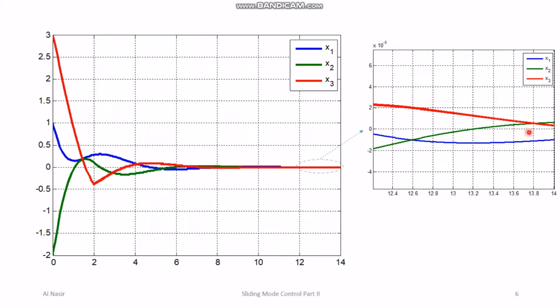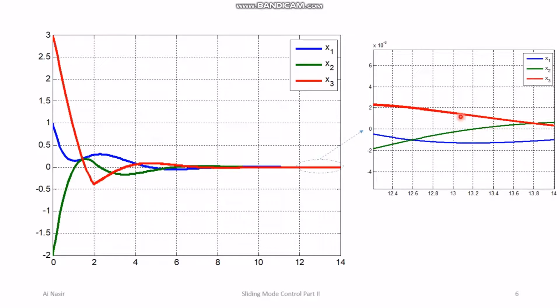And not only that, you can see that the lines are still not steady, so they are still moving. So this is x2, it's going up, and maybe it will settle and come down again. This is x1, it's going down and trying to go up again, and this is x3.